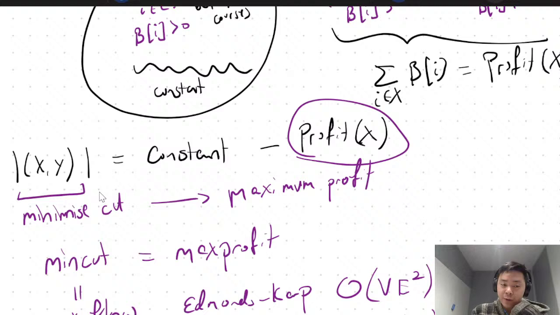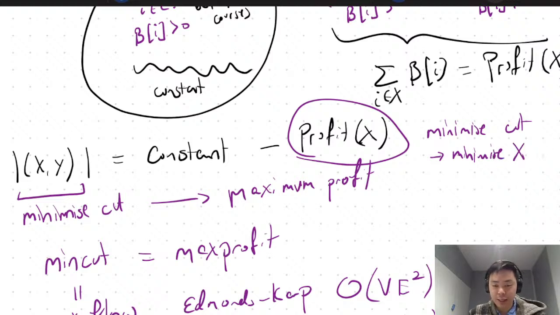And if we minimize this cut, that means we want to minimize this constant, maybe not X, we'll call it A, minus this profit. But because A is a constant in terms of any cut, A is something that we can't really control.